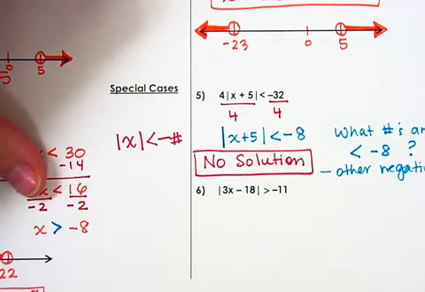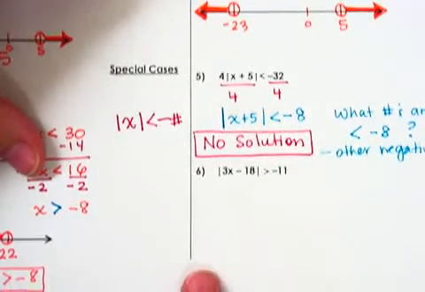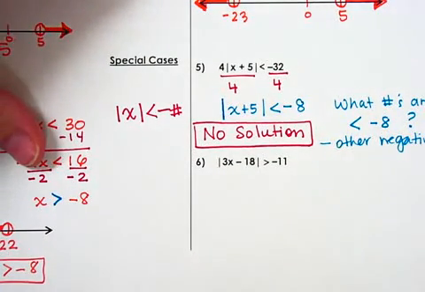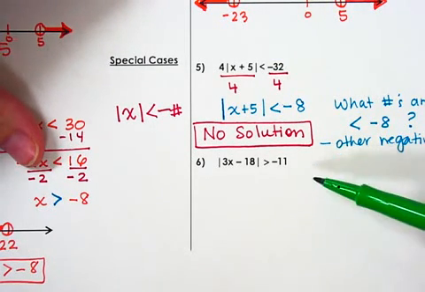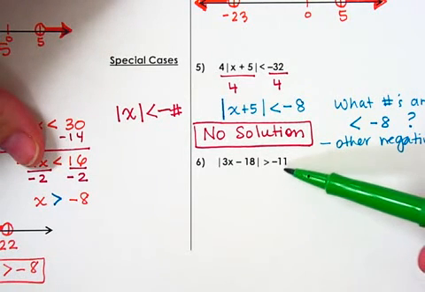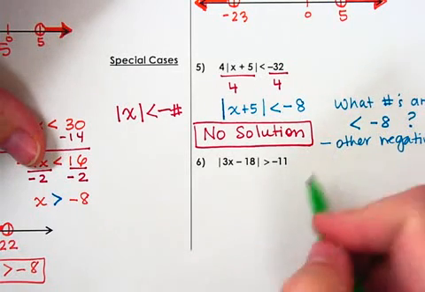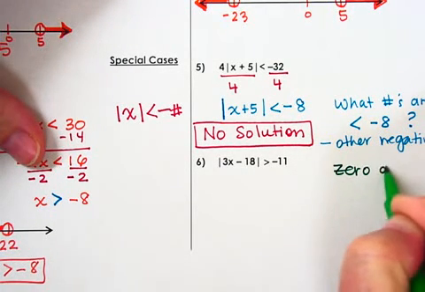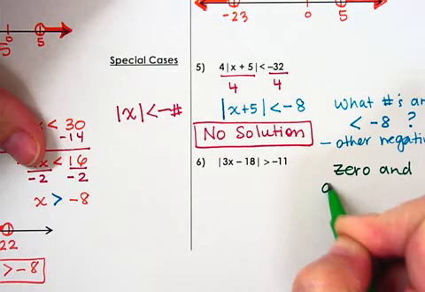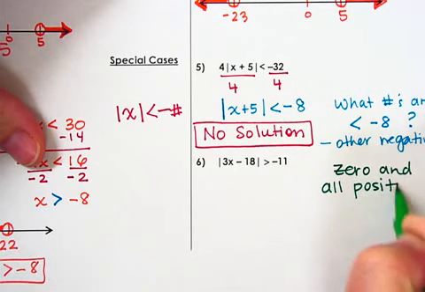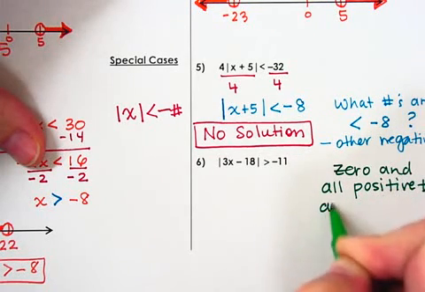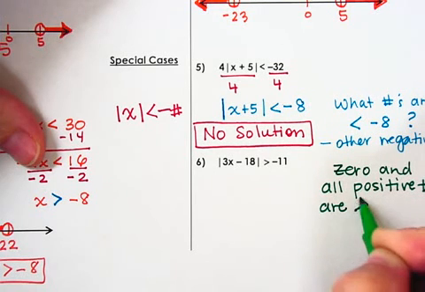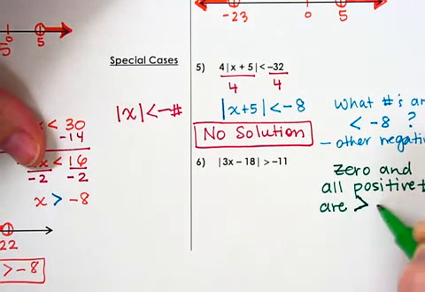Okay, how about the second special case? Well, take a look at this one. Now I'm saying that the absolute value needs to be greater than a negative number. Well, what types of numbers are greater than negative numbers? Well, there's some negatives that are greater, but also 0 and all of those positive numbers. 0 and all positive numbers are greater than negative 11.